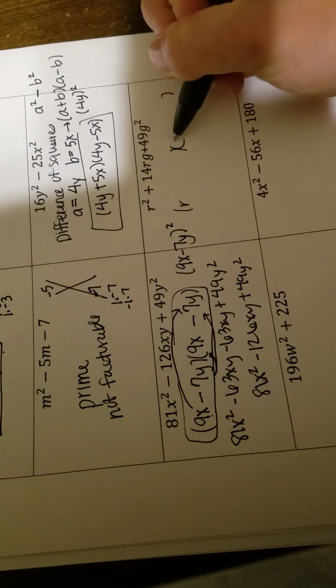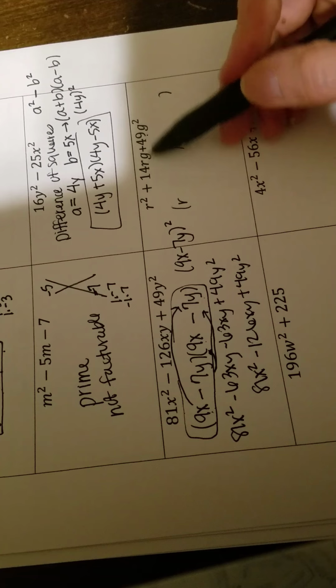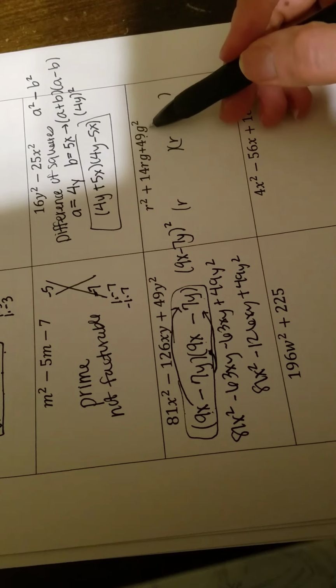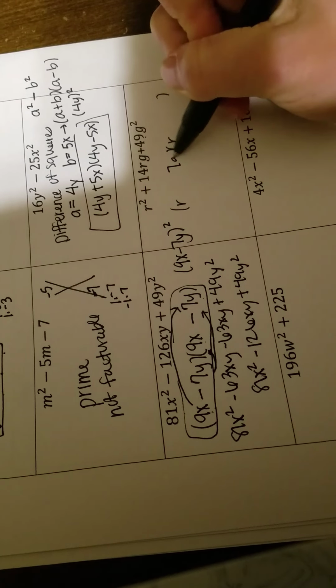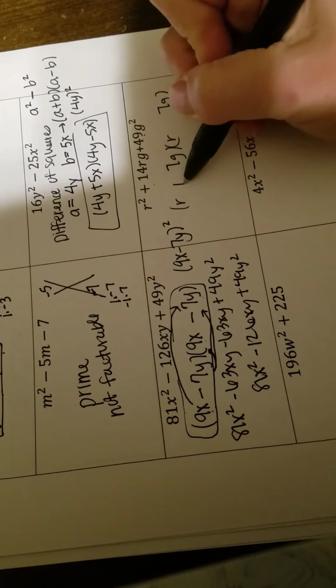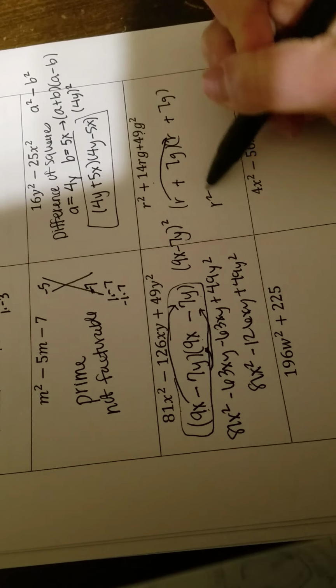That first term is r times r. And then again, I'm seeing a 7 and a 7 here, and maybe those guys can work out to giving me that 14 that we see in the middle. So because he's got a g squared, we're going to have to get a 7g and a 7g. So we've got plus plus. Let's just try this with plus plus, okay? So r times r is r squared, right?